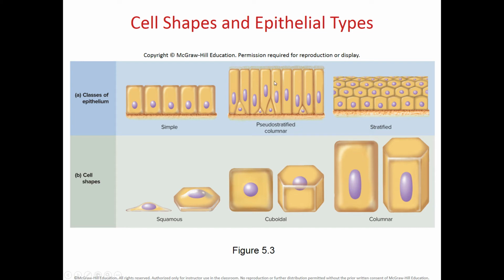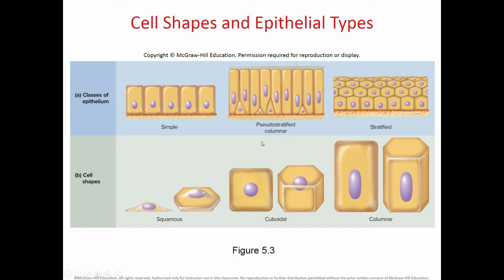Now we have another classification that is called pseudostratified, that actually is a simple epithelium, just like this one. But the cells emerge apparently at different levels, because the cut that is made to show the epithelium doesn't show that all of the cells are actually emerging from the basement membrane. Pseudo means false. So this means that it is apparently more than one layer of cells, but actually it's not.